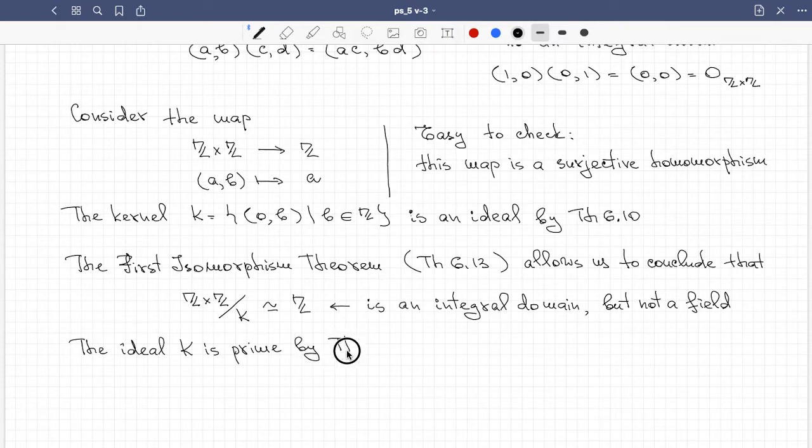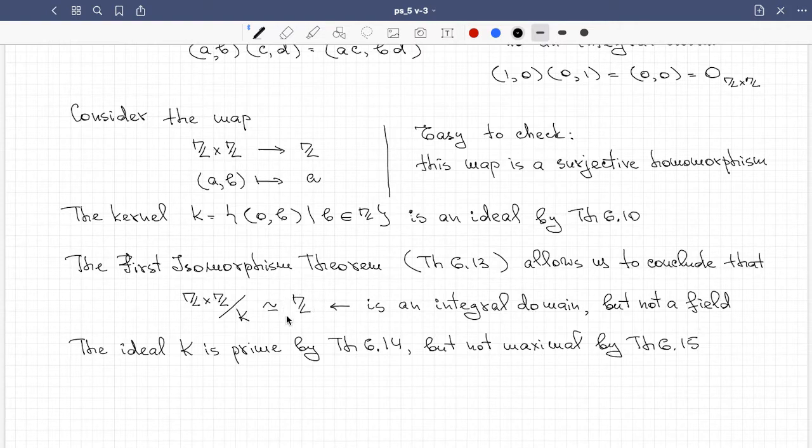but not maximal, by theorem 6.15. So every field is an integral domain, so every maximal ideal is prime, but not every integral domain is a field.